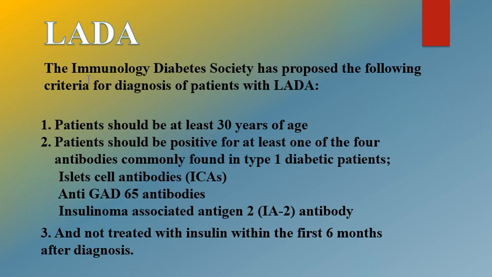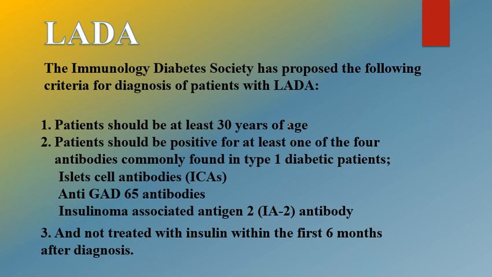However, according to the Immunology of Diabetes Society, there are criteria for diagnosis of LADA, and these criteria include three very important items. Number 1, the patient should be at least 30 years of age, not below 30 years. And patients should be positive for at least one of the 4 antibodies commonly found in type 1 diabetes mellitus.